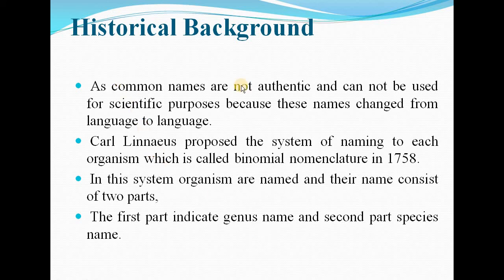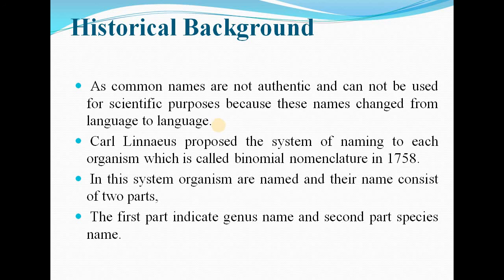If we discuss the historical background, common names are not authentic and cannot be used for scientific purposes because these names change from language to language, from place to place, country to country. Any particular organism can be known by some name in one region or country, which will differ in another country, and a lot of confusion arises for the taxonomists.